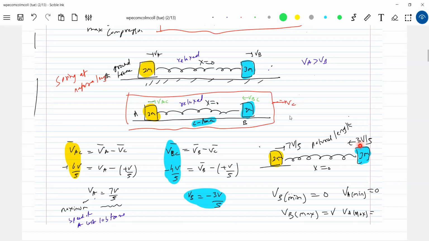Okay, I got the speed of the block, you see, 3V by 5. So what does it mean? What actually happened? So what we expected was something like this, no? I got minus 3V by 5. Okay, tell me what's happening to block B?